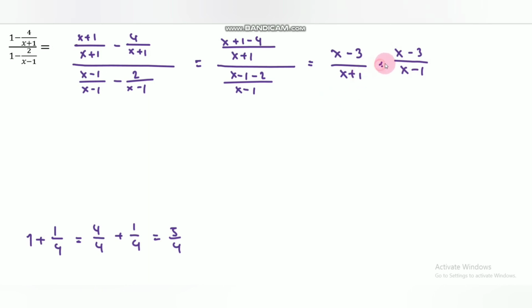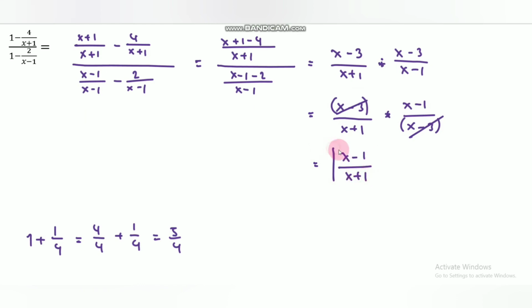So I can change it into multiplication, which is x minus 1 over x minus 3. This is division, this is multiplication. So I notice that actually I can cancel x minus 3, so the last answer is x minus 1 over x plus 1. So yeah, this is simpler. So you can choose either way.